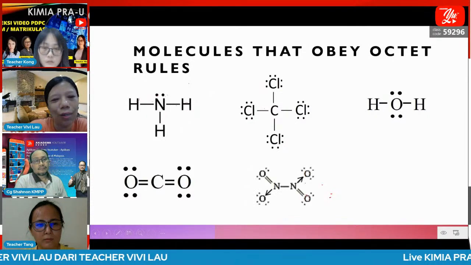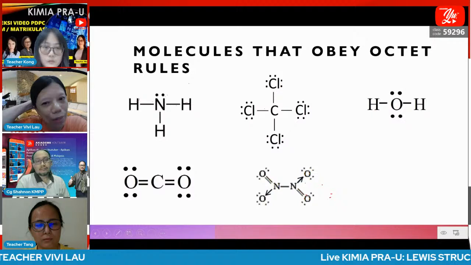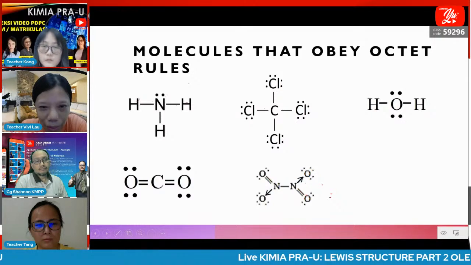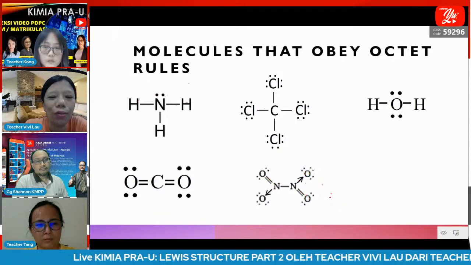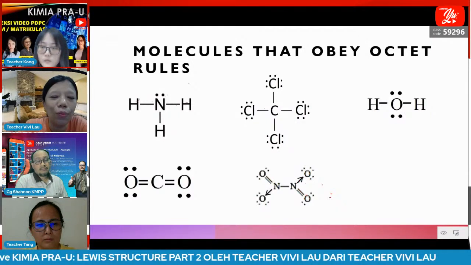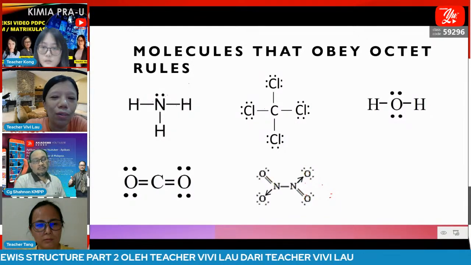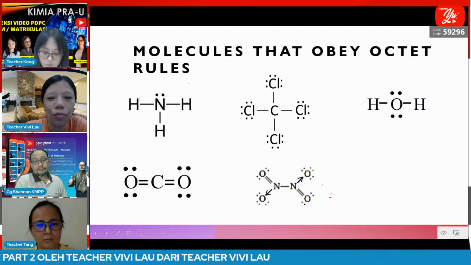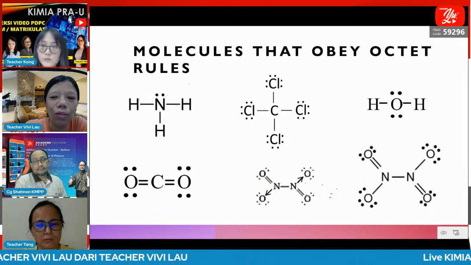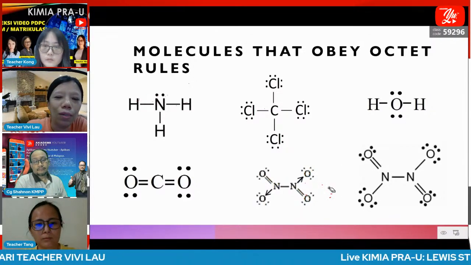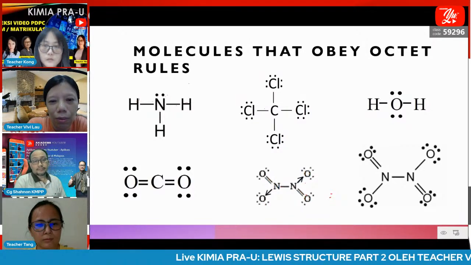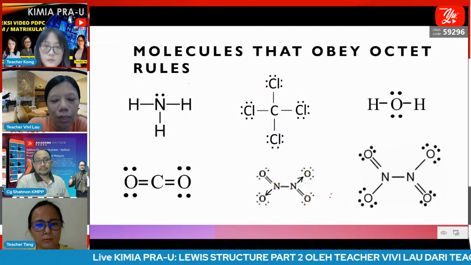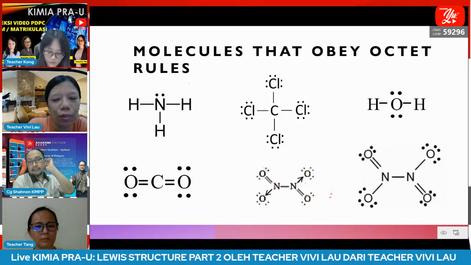Okay, so now we have N2O4. You can draw it like this and show the lone pair electrons as a coordinate bond from the nitrogen, by an arrow, or you can just draw the line. This one or this one also can. So the nitrogen follows octet, oxygen also follows octet.